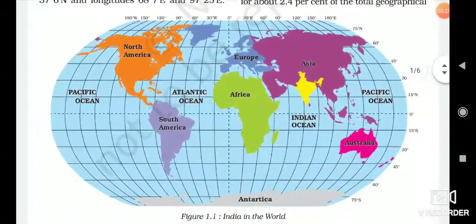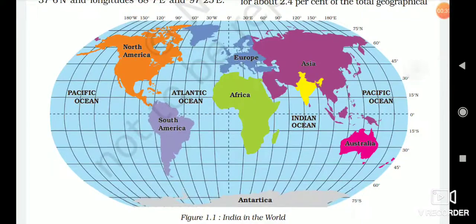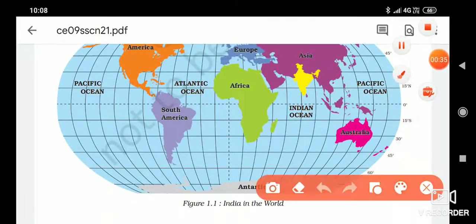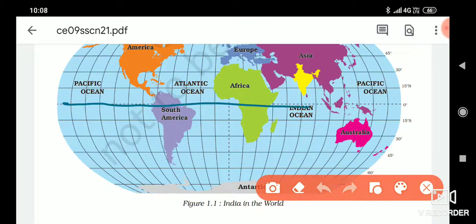So this is the globe. Let's study this globe properly. As you can see, this is the equator. I hope all of you are familiar with this term, equator. The equator divides the globe into two parts.